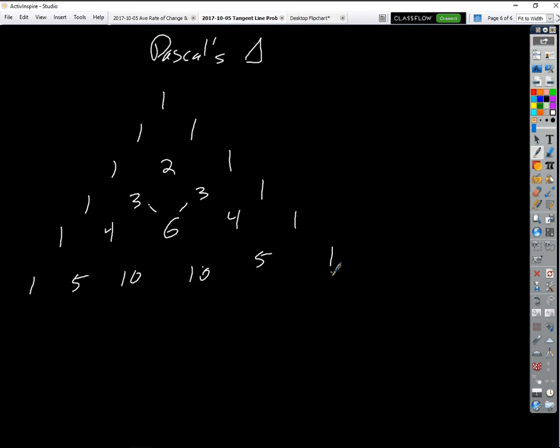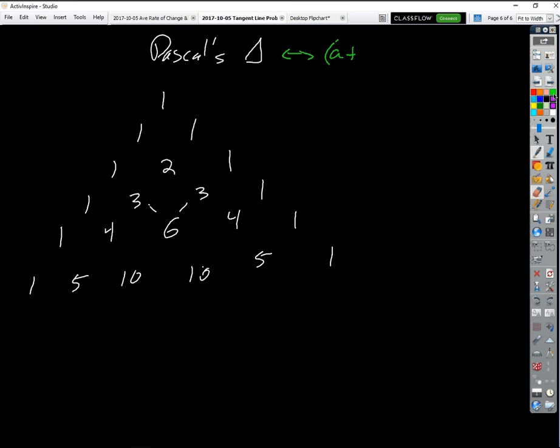What this corresponds to is the coefficients we would get if we expand out a plus b to the n.